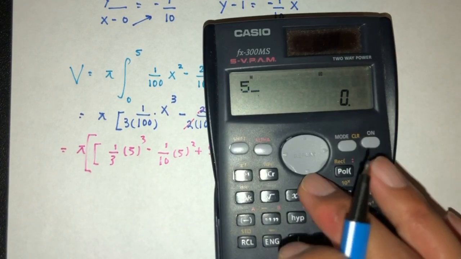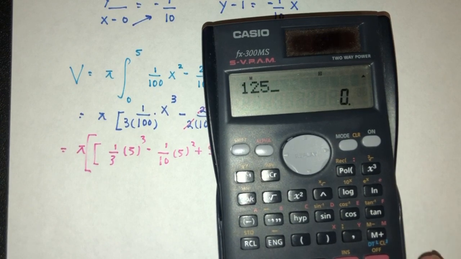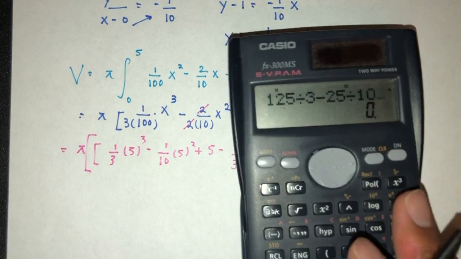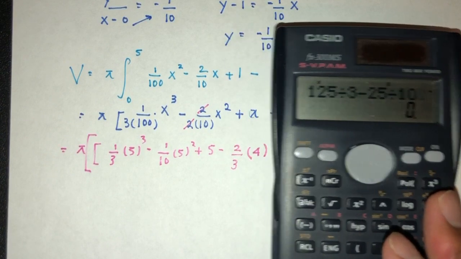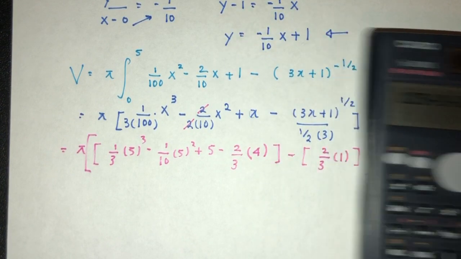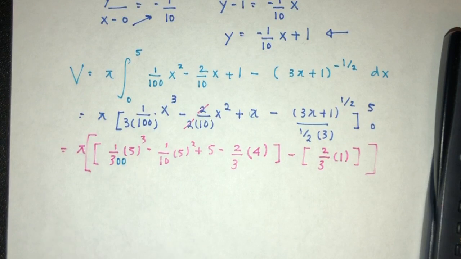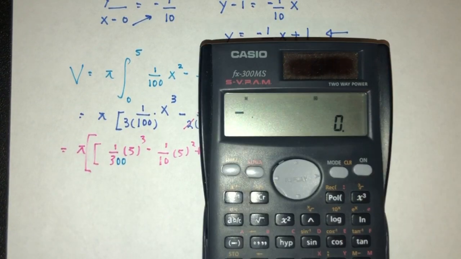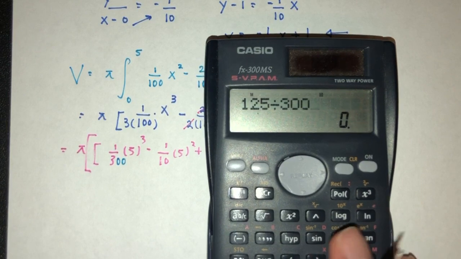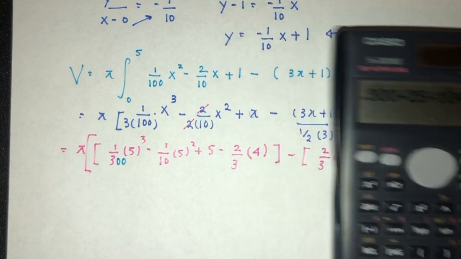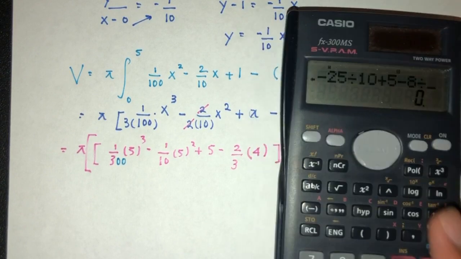So here we have to simplify these two. For the first one, 5 power 3 is 125 divided by 3, minus 25 divided by 10. And what else do we need here? Okay, so I think I'm missing something here. It is not 3, it is actually 100. So 300. Almost made a mistake right off the bat. So not good. So 125 divided by 300 minus 25 divided by 10 plus 5 minus 8 divided by 3.